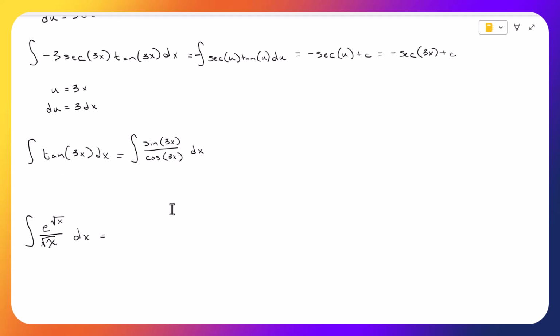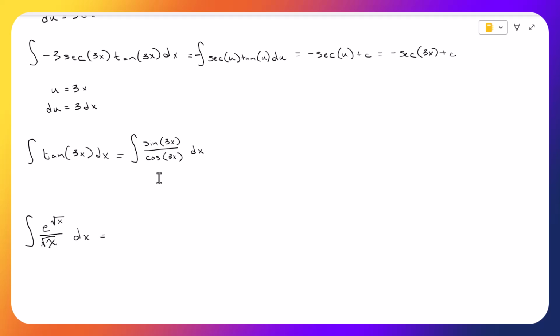And now I'm here, and I can look at this two ways. I can say the derivative of sine is cosine, the derivative of cosine is negative sine, so this time we're looking at our sine and cosine instead of the 3x, and which one should we use here? I actually think it doesn't matter which one you use.